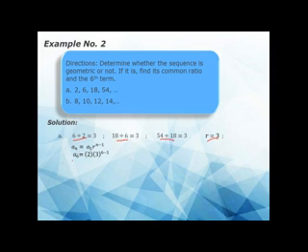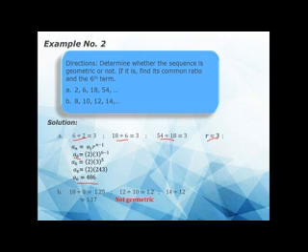Using the formula, we will substitute the 6th term. So n is equal to 6, and our first term is 2, and our r is 3. So solving, we will have a sub 6, or the 6th term, is equal to 486.